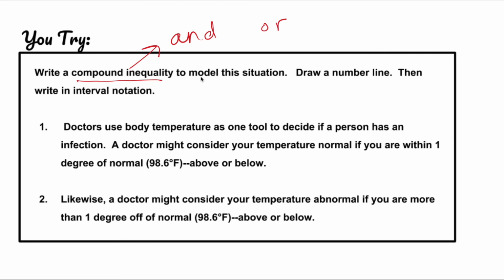So that's what a compound inequality means. Draw a number line and then write the answer in interval notation. So just like we were doing above in these two scenarios. Bring these to class because these are going to be two scenarios that we work with before our next in-class investigation.